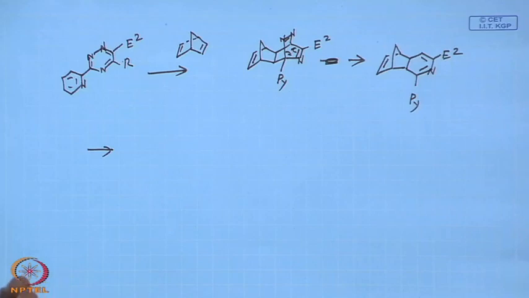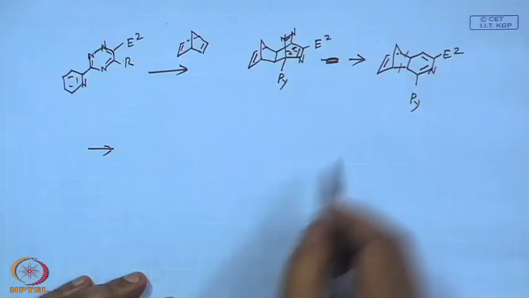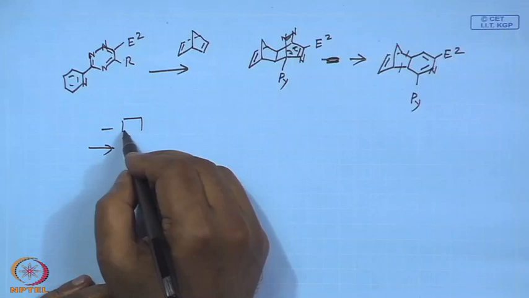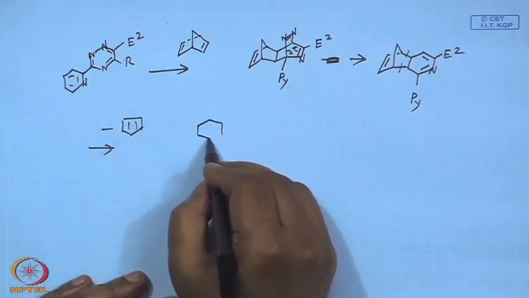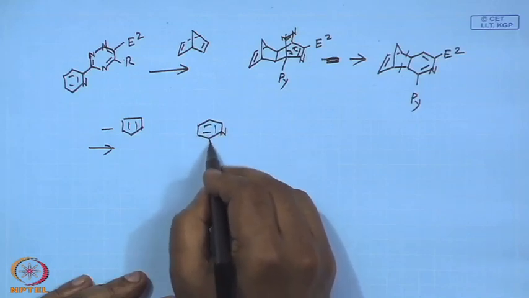Even cyclohexene would undergo retro-Diels-Alder reactions, giving you butadiene and ethylene. So, we see a double bond up here means the allylic bond would be cleaved. So, in other words, what you will be getting? You will be getting this cyclobutadiene and a pyridine nucleus, right.